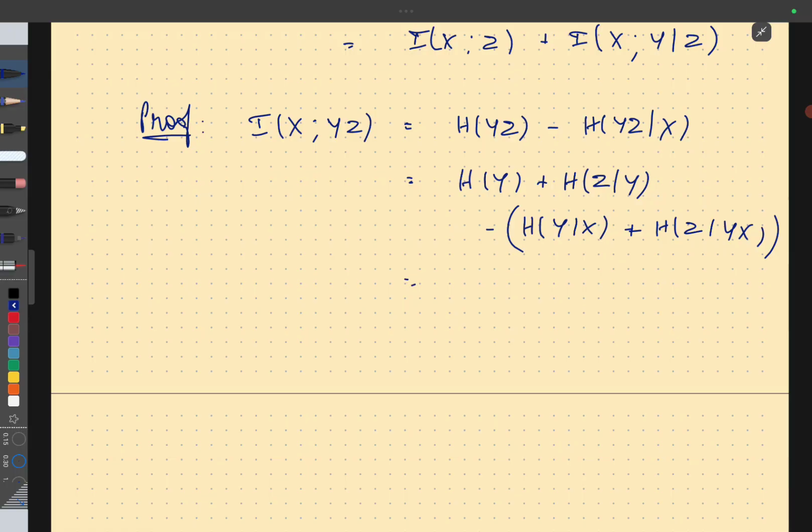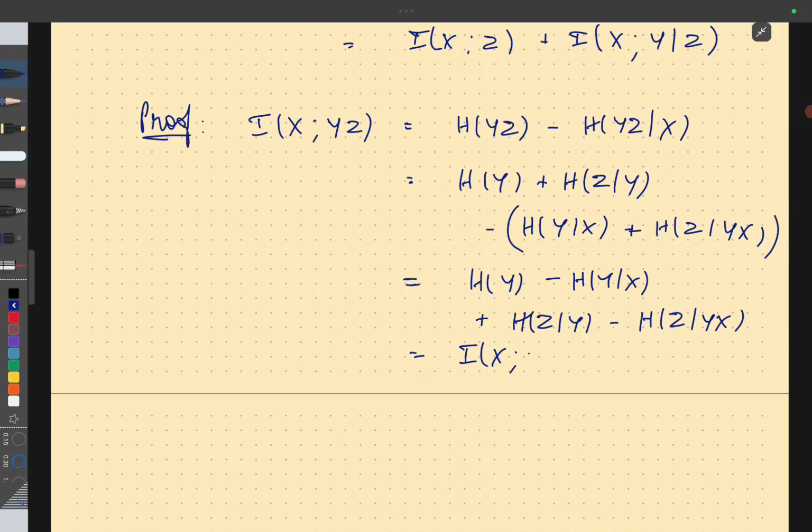Right? So I have h of Y minus h of Y given X plus h of Z given Y minus h of Z given Y and X. All I've done is just rearrange the terms, nothing else. So the first term is what? It's just the mutual information between X and Y. And what is the second term?